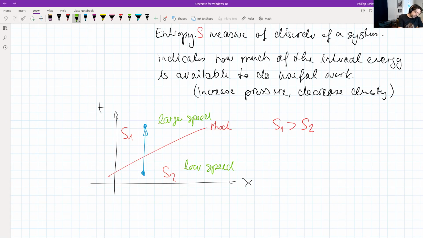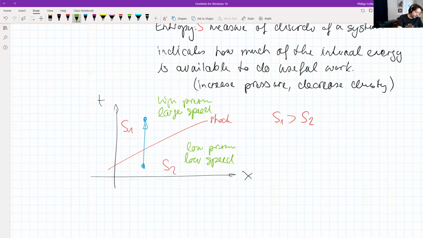Or you could also consider it from the pressure. So you would go from a low pressure to a high pressure region, for instance. So that's what would happen when I go from one entropic region S2 to another one, S1.